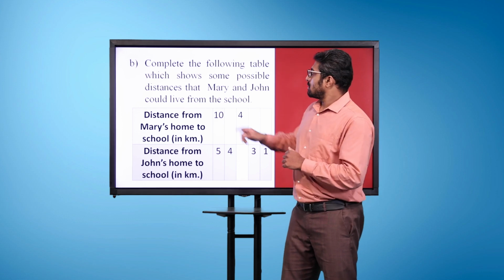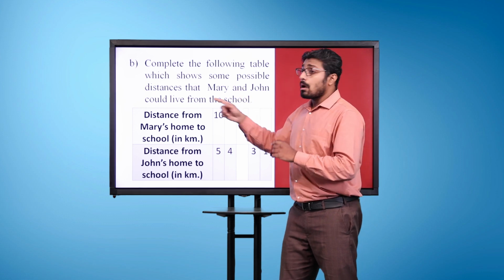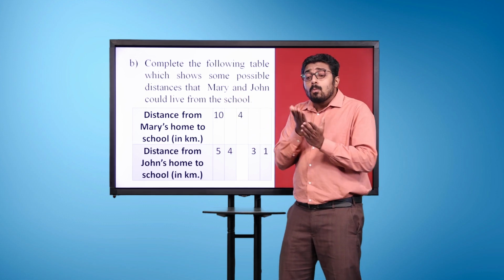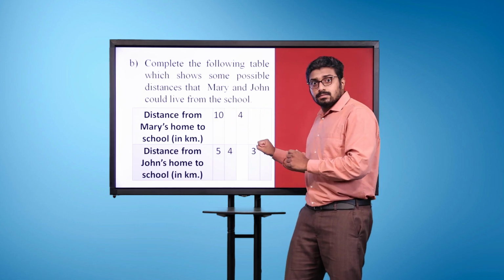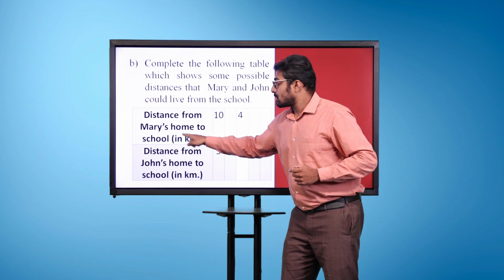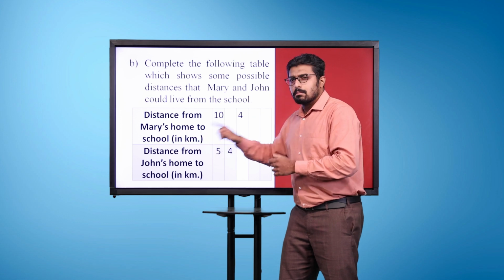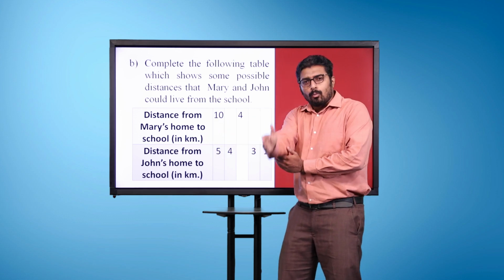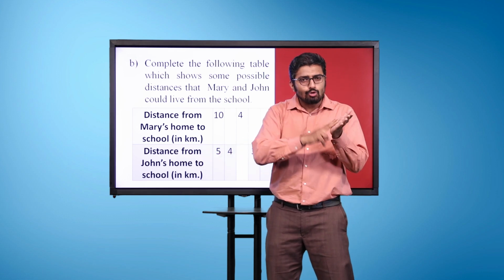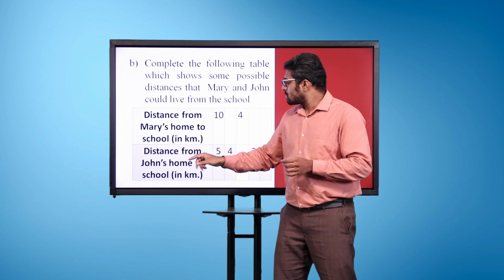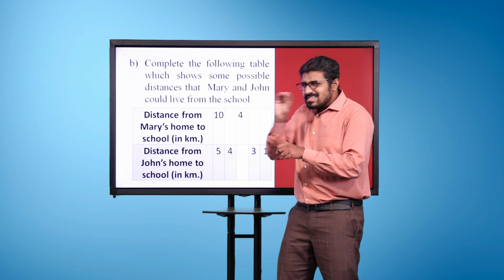B. Complete the following table which shows some possible distances that Mary and John could live from the school. Distance from Mary's home to school in kilometers: 10, blank, 4, blank. Distance from John's home to school in kilometers: 5, 4, 3, 1.